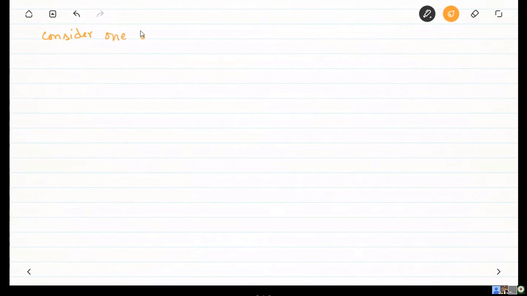Consider one of these equations by fixing n to a particular value between 1 and k, right?